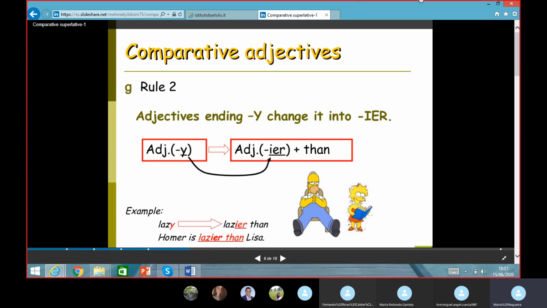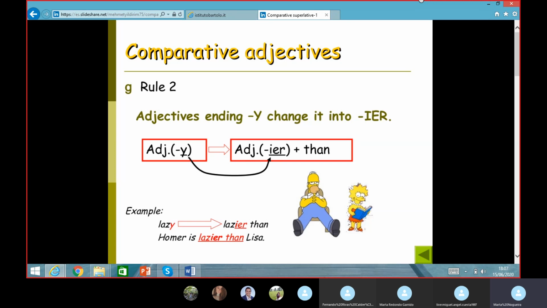The example is lazy, lazier. Sometimes this happens because we have a consonant before, and before the consonant a vowel. You don't have to understand all of this and know it by heart, because you are going to get used to seeing these examples when you encounter texts and so on. So lazy, lazier than. Homer is lazier than Lisa.